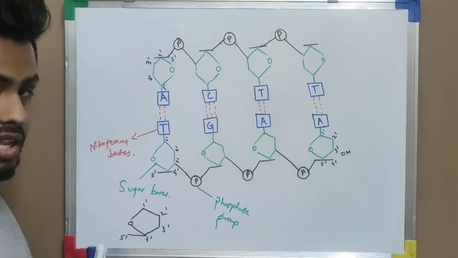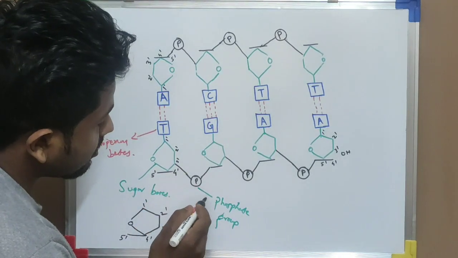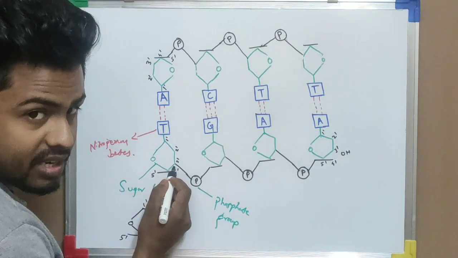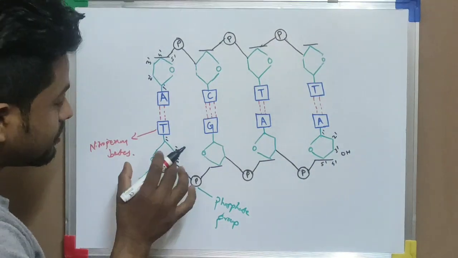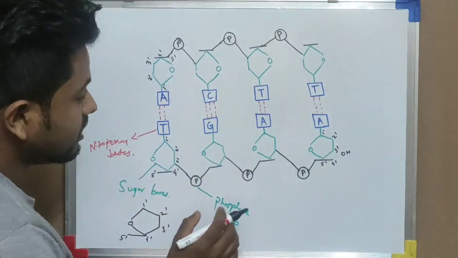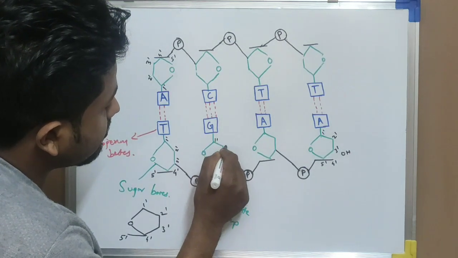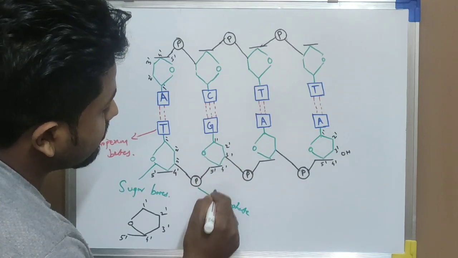This way carbon gets attached, and you see the phosphate group always attaches with the 3 prime end of the previous carbon of the sugar base. And here also you see 1 prime, 2 prime, 3 prime, 4 prime and 5 prime.